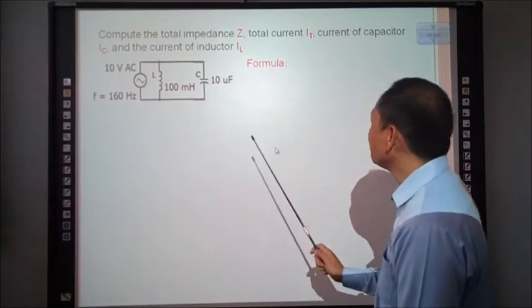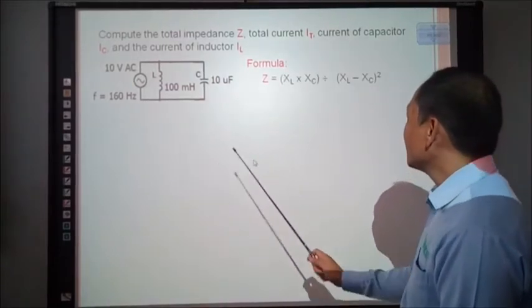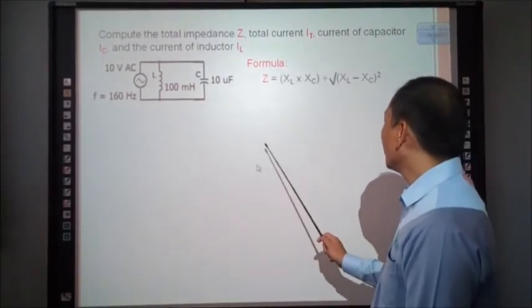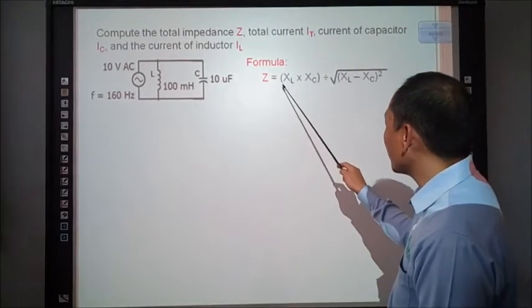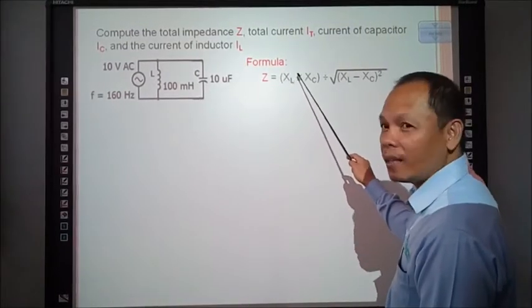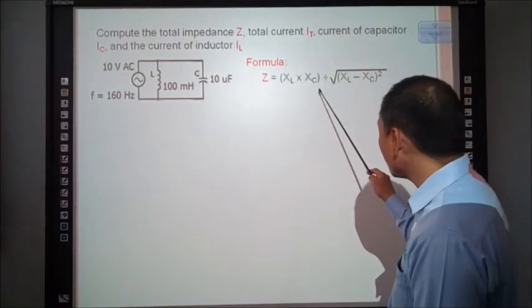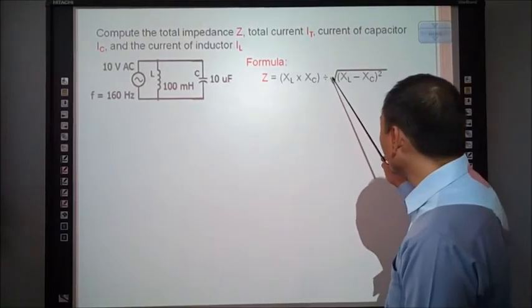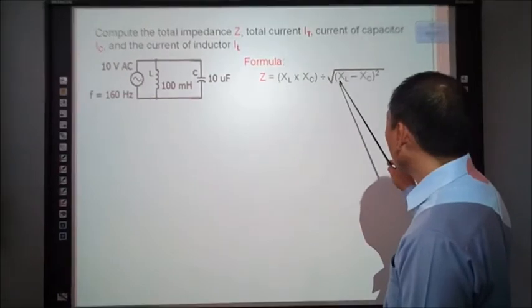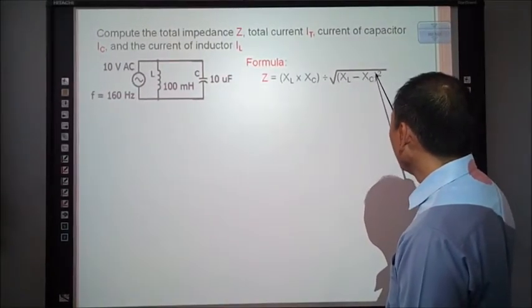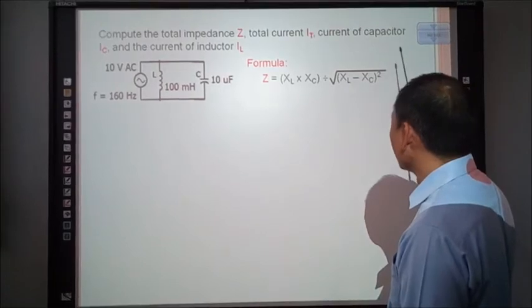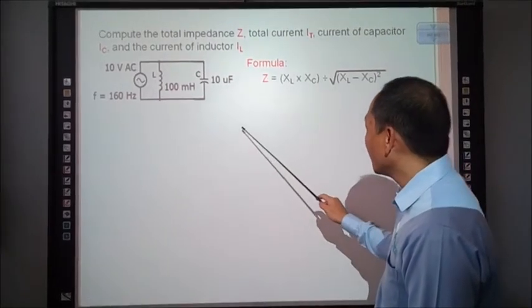So, these are the formulas. Your Z is equal to (XL times XC) divided by the square root of (XL minus XC) squared.